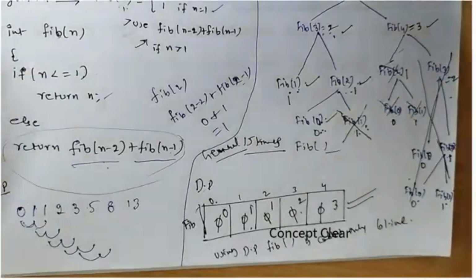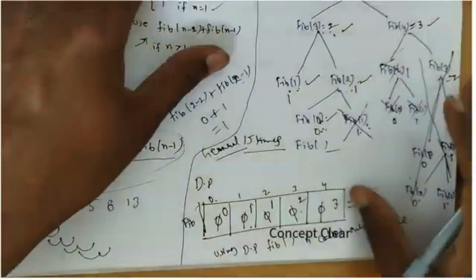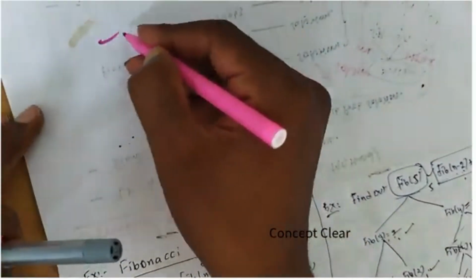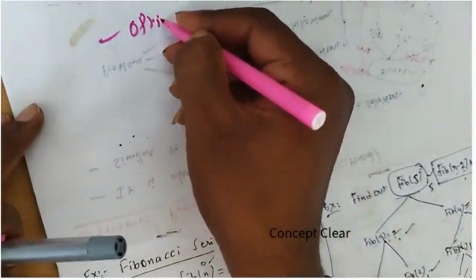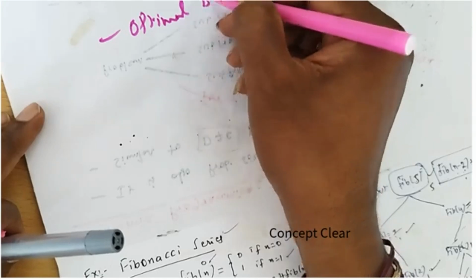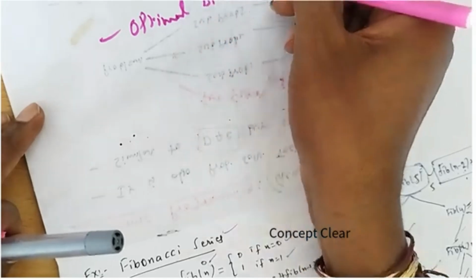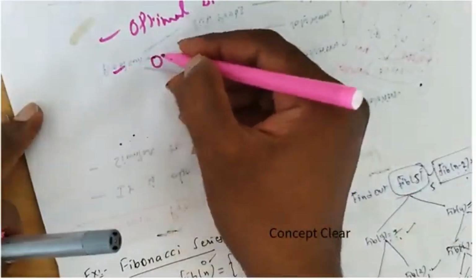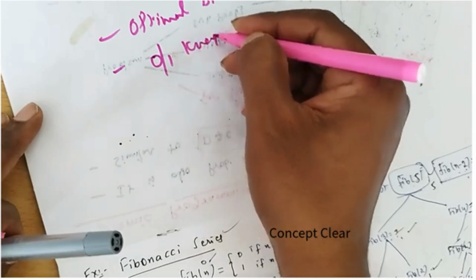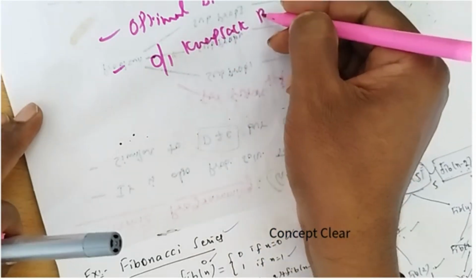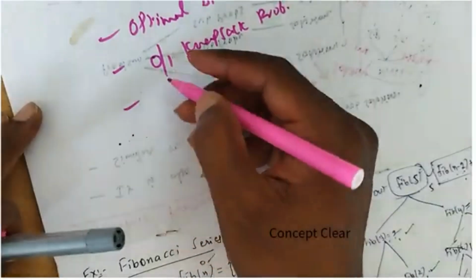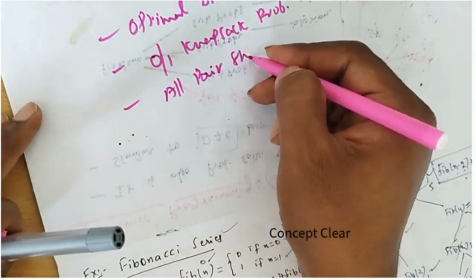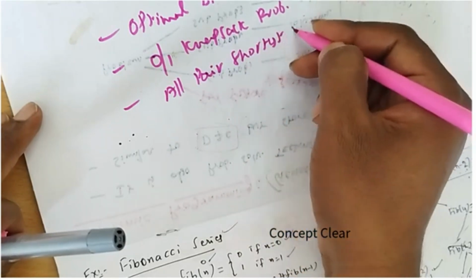What are the applications of dynamic programming? The first one is optimal binary search tree. Second one is 0/1 knapsack problem. Next one is all pair shortest path.